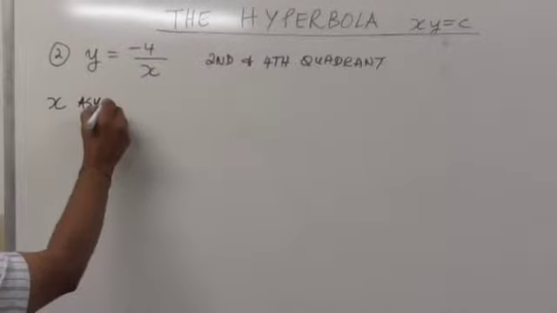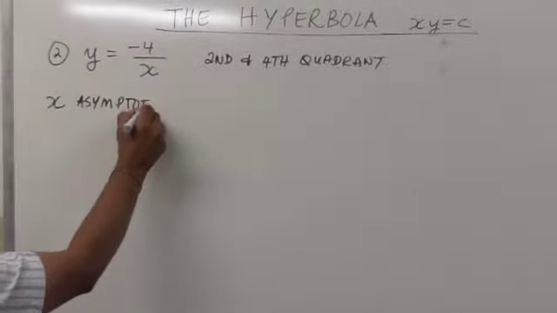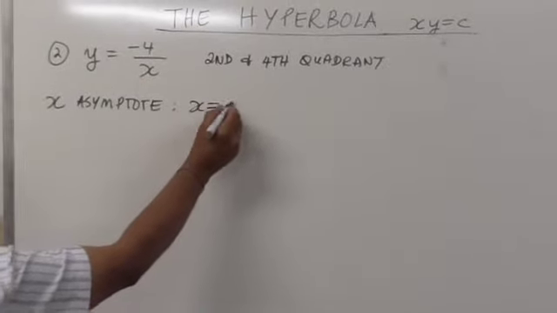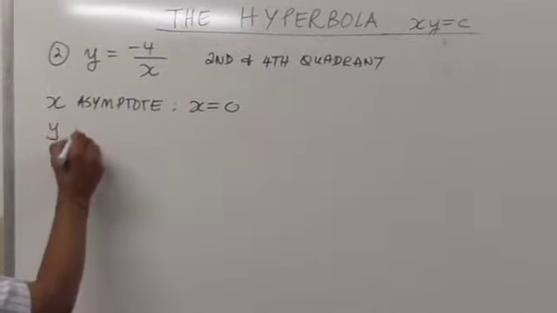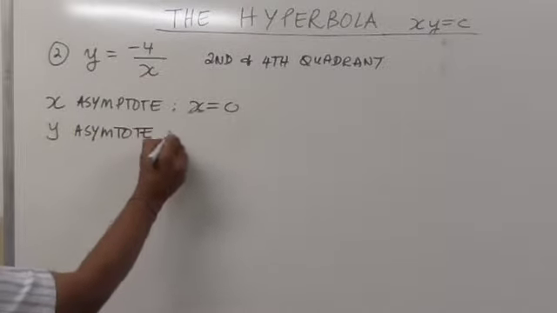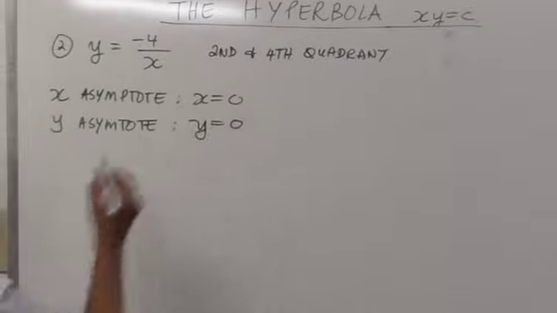First we want the x asymptote. So now we're going to do some shortcuts. By now you know that the x asymptote is x is equal to 0. Y asymptote, I'm not doing the full work down because we've done it previously, is y is equal to 0.